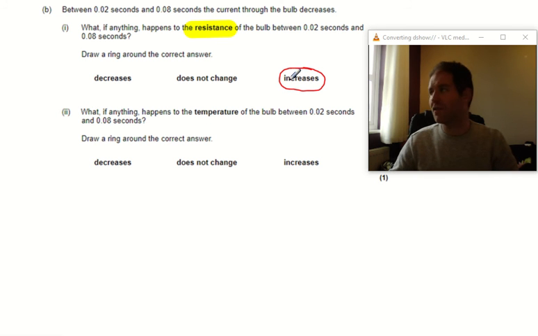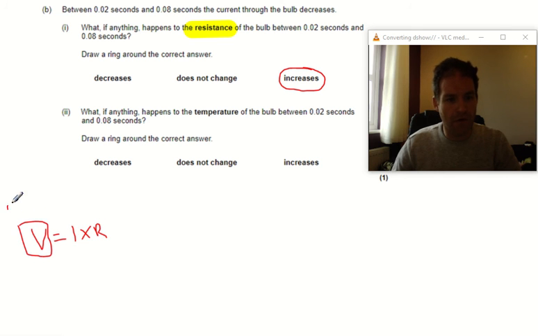It increases. Now, when we again remind ourselves of V equals I times by R in that first question, where V is constant and that's the 230 volts, that's mains electricity, that stays constant, okay, and we saw on the graph that I went down and then the R went up.